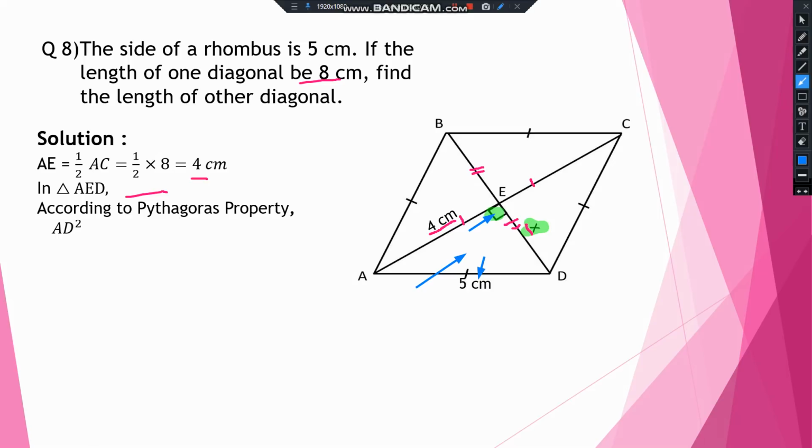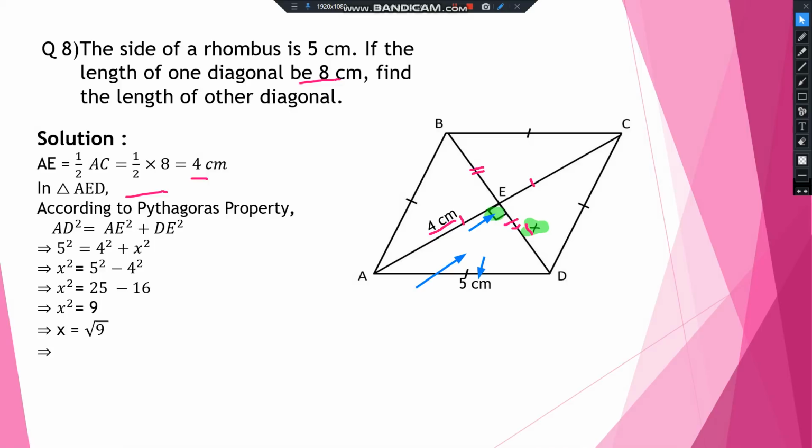That means AD will be the hypotenuse. So according to Pythagoras theorem, AD square equals AE square plus DE square. Now let's place the values. AD is 5 given and AE is 4. So we write 5 square equals 4 square plus x square, and x square will be 5 square minus 4 square, that is 25 minus 16, that is 9. So x square has come 9. So x will be under root of 9, that is 3 centimeter.